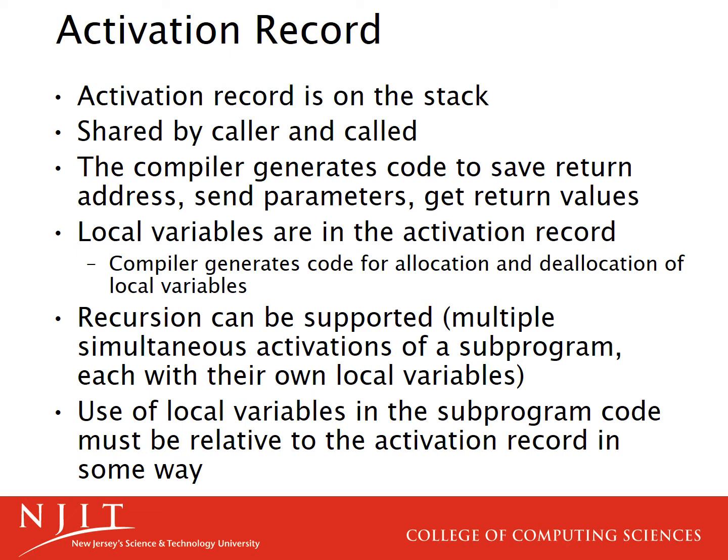Okay? All of the variables, either arguments or return types or local variables declared inside the function, all live in the activation record and are positioned in the activation record in some way.